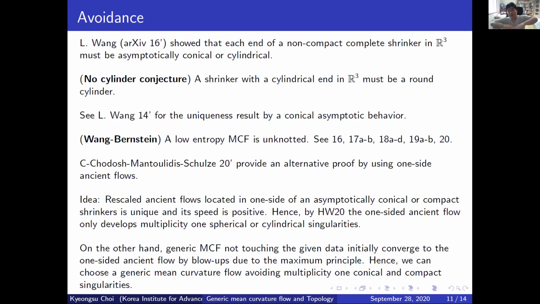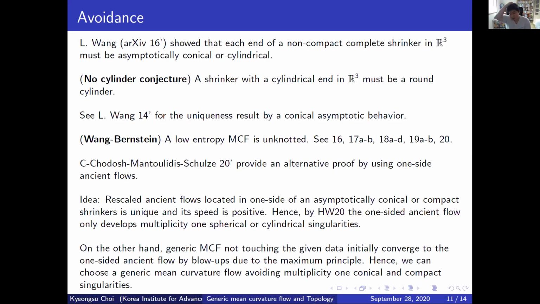The shrinker divides the space into two regions. We may consider a flow that does not touch the shrinker, so it stays on one side.